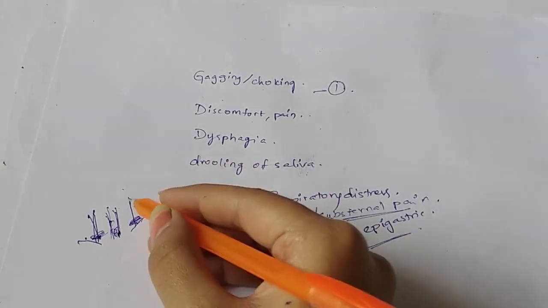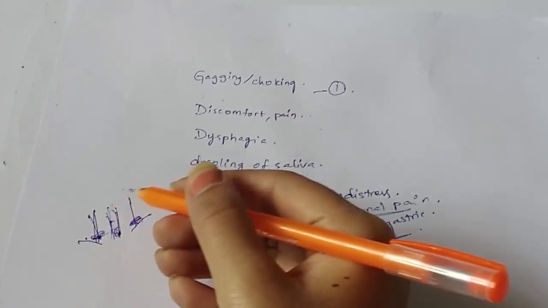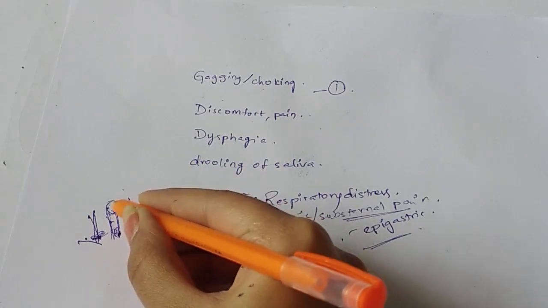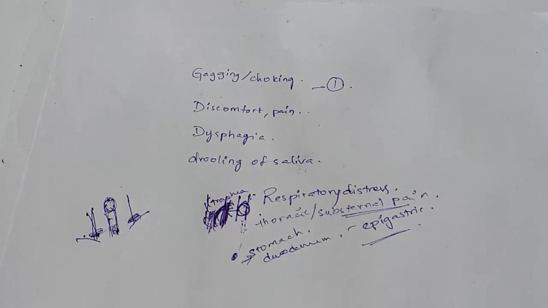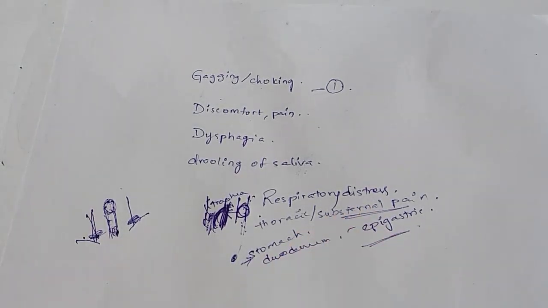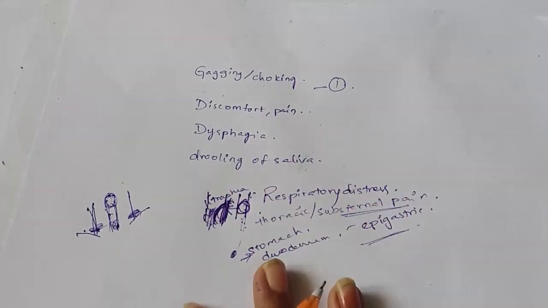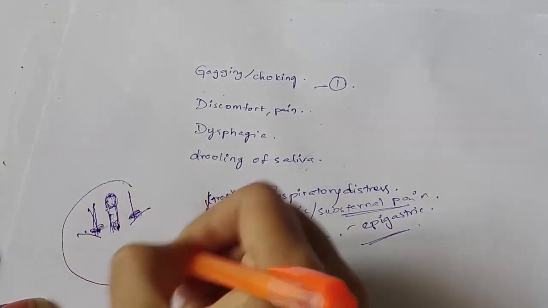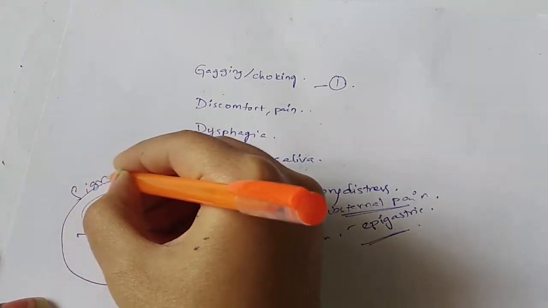Sometimes there may be a foreign body protruding through the oral opening of the esophagus, and we can see that. So this diagram is for signs.